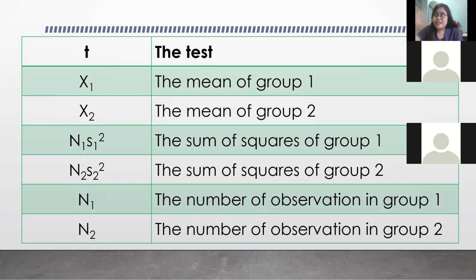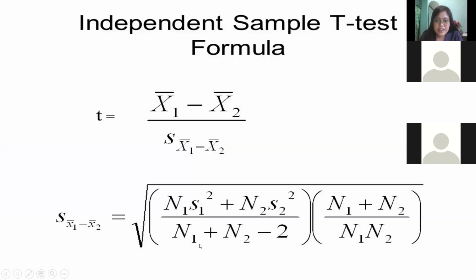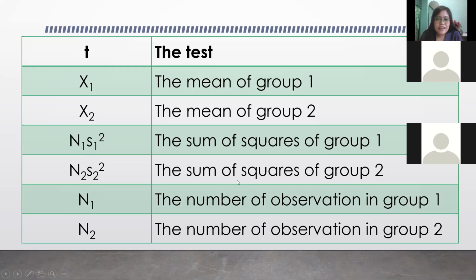Yeah, I mean, katong tanang scores, example na kay 10 kabuok nga scores sa imuhang group 2, imo to silang i-square tanan, and then i-add nimo ang ilahang squares. That will be the n2s2. And then the n1 sa ilalom, and then dinhi, is the number of observation in group 1, meaning kung pila kabuok ang observation, kung 30 kabuok, then that's 30.